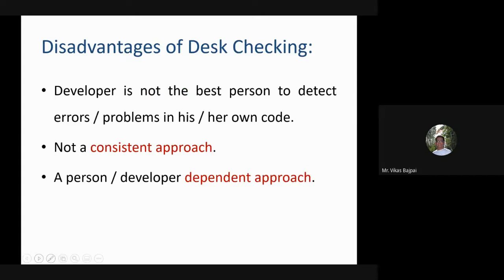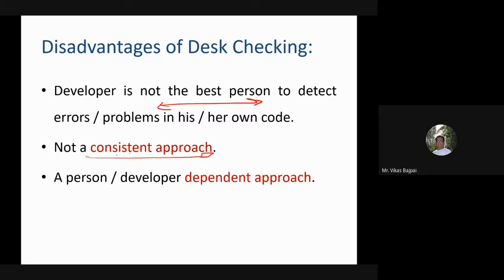Now, some of the drawbacks of desk checking, right? On the contrary, as we said, the developer is not the best person to detect the errors or problems in his or her own piece of code. As I said, sometimes we say that no, whatever I have written is correct. So that becomes a major disadvantage as well.